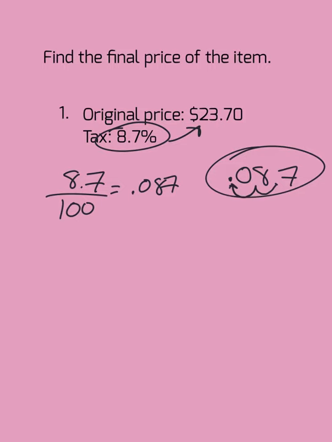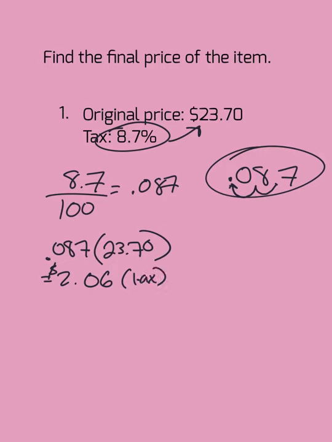And so then you take that decimal, 0.087, and we are going to multiply it by our original price, $23.70. And when we do that, we get 2.0619, but I know it's money, so I'm just going to keep it out to the second decimal place. And so this is our tax at the end.